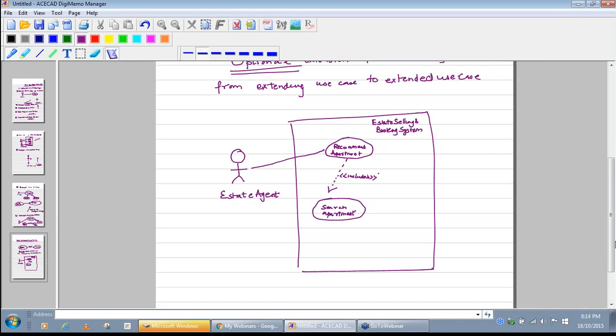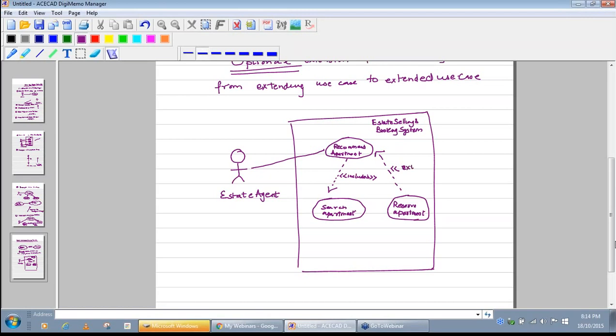Optionally, when the apartment search is made on your asking or on your advice, the estate agent can reserve the apartment in your name. So another use case, reserve apartment, is invoked. This happens only optionally, and under such condition, the reserve apartment use case extends its functionality to recommend apartment.